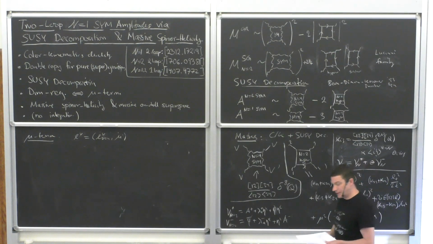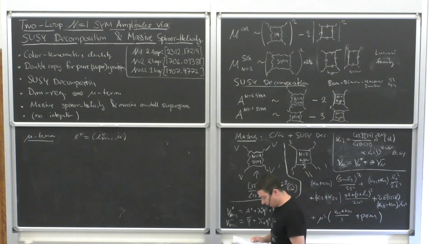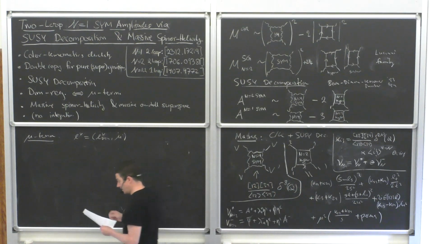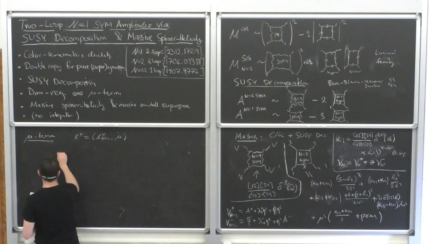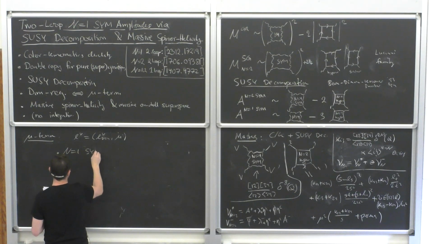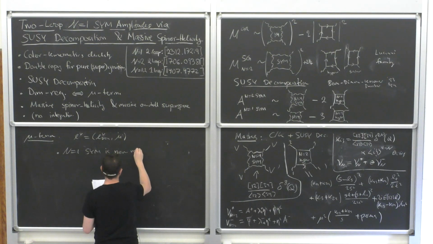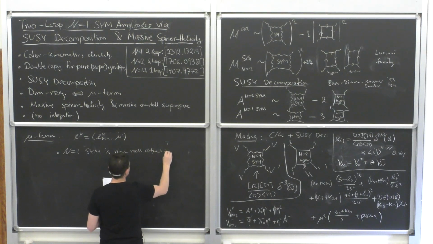And that's kind of strange, because if you know anything about dim reg and SUSY, you know that they don't actually go very well together. But magically somehow here, n equals 1 super Yang-Mills is now well-defined in dim reg.